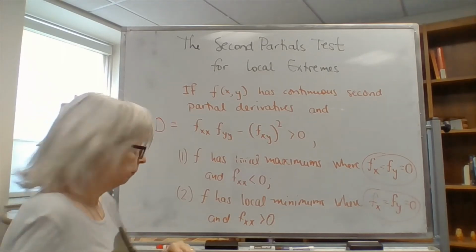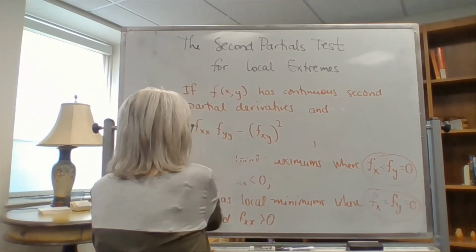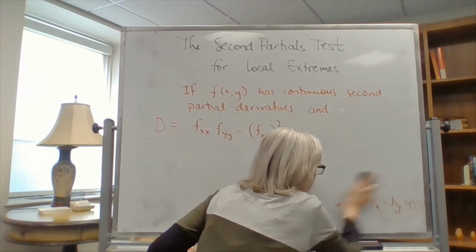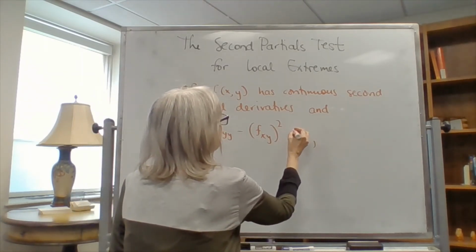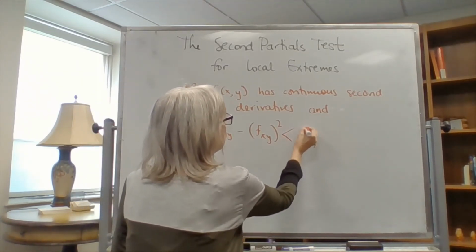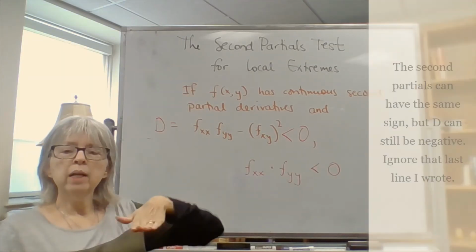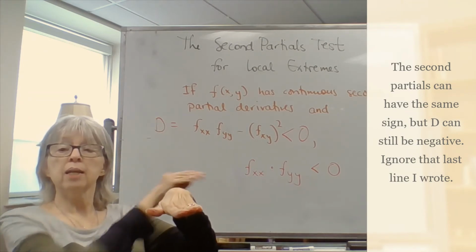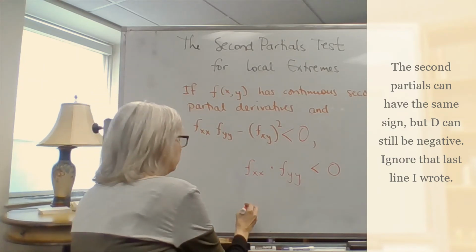So, what happens when the discriminant is negative. In one direction, I'm concave up, and in the other direction, I'm concave down. Now, I've tried to draw this for you before.